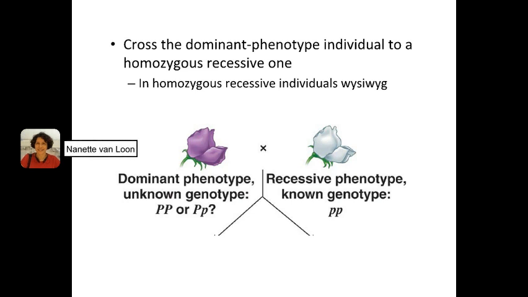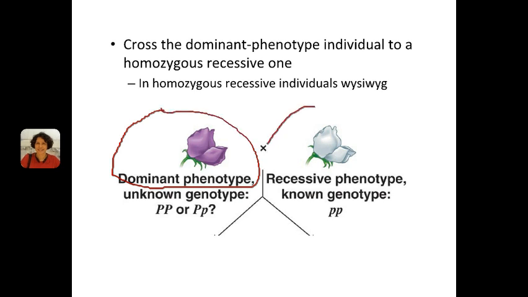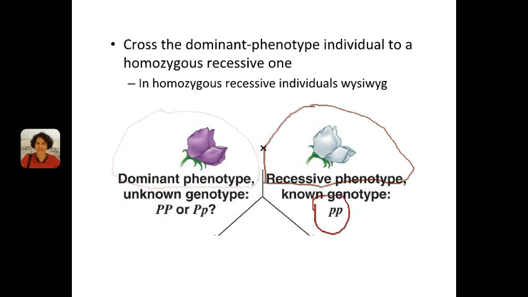So what does the test cross entail? Well, it means that you have to cross this dominant phenotype individual to another individual that displays a recessive phenotype. And why is that? Because you already know the genotype of this individual with the recessive phenotype. You know that it has to be homozygous recessive.